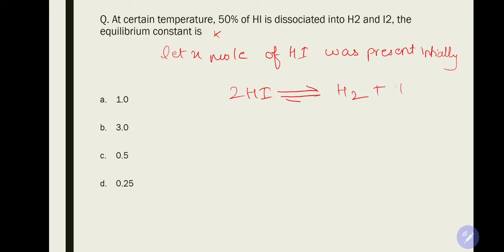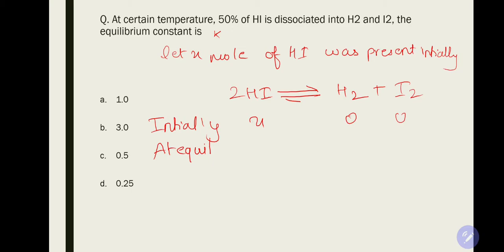Now when you assume this, let us write the equation: 2HI will decompose to form H2 plus I2. Am I right? Now initially, what will be the initial concentration? This will be X, we have considered it as X, so this will be 0 and 0. Now at equilibrium, what will be the concentration?